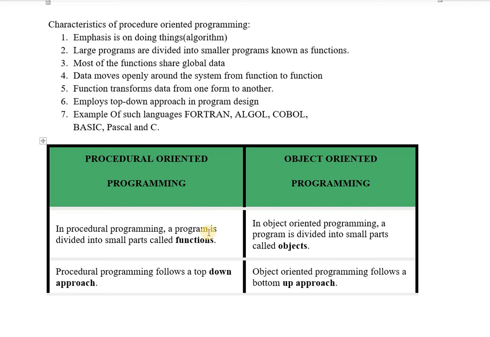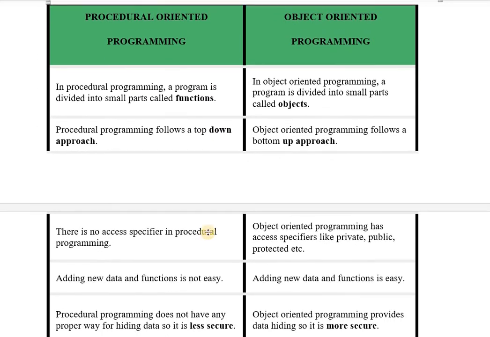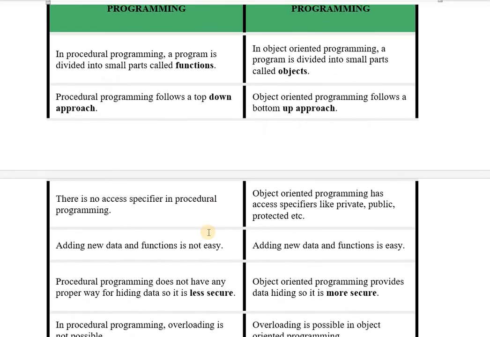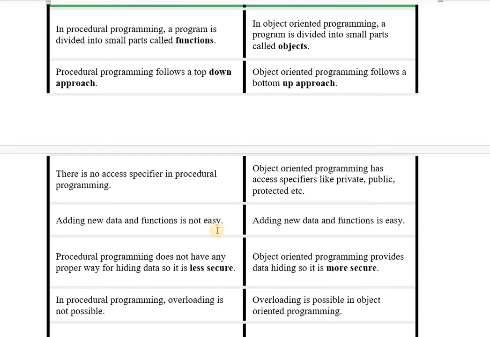So before we further move on to the object oriented programming, let's see the difference between the procedure oriented programming and object oriented programming. So as we studied in the features or the characteristics of procedure oriented programming language, it is based on the functions.